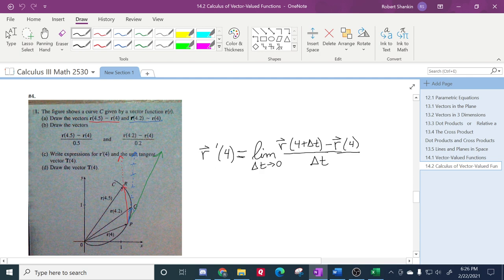All right, now, what about T4? What kind of expression might we get for T4? Anybody?